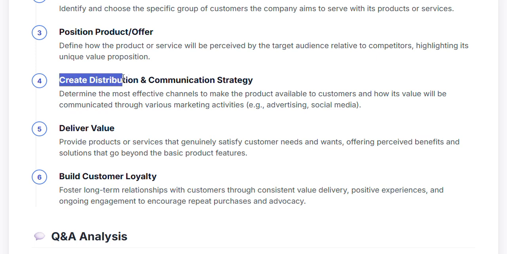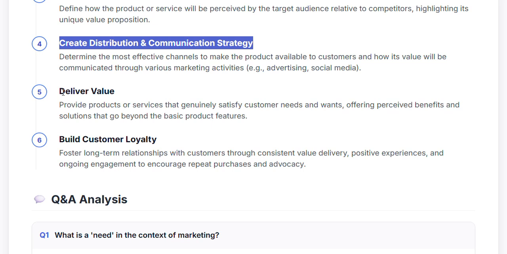You need to know how to distribute and communicate to your customers, so define the most effective channels to make the product available to consumers, and how its value will be communicated through various marketing activities, for example advertising, social media, and other platforms that reach your target audience.